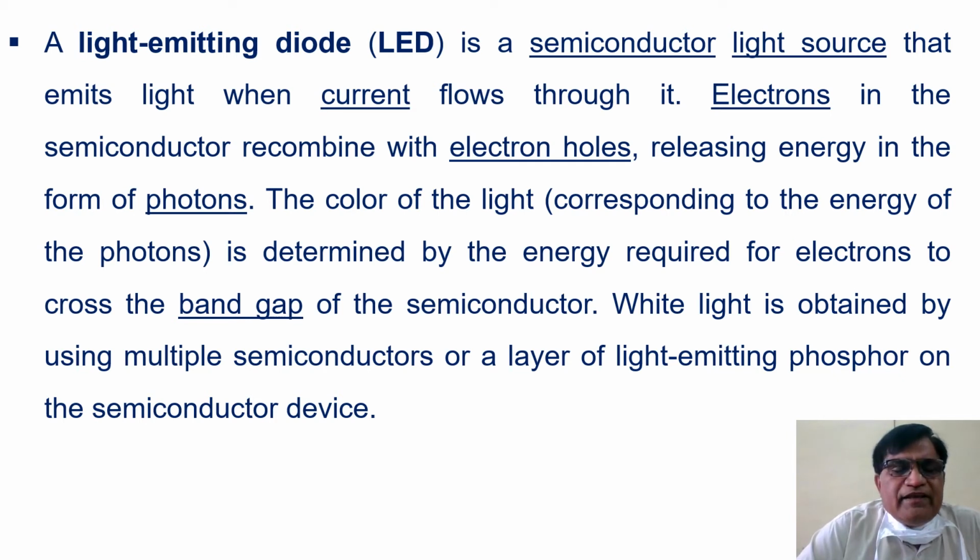So accordingly, the band gap will decide the frequency. White light is obtained by using multiple semiconductors or a layer of light emitting phosphors on the semiconductor device, because as you know, white light is a mixture of a large number of colors. That's why we use it like this.